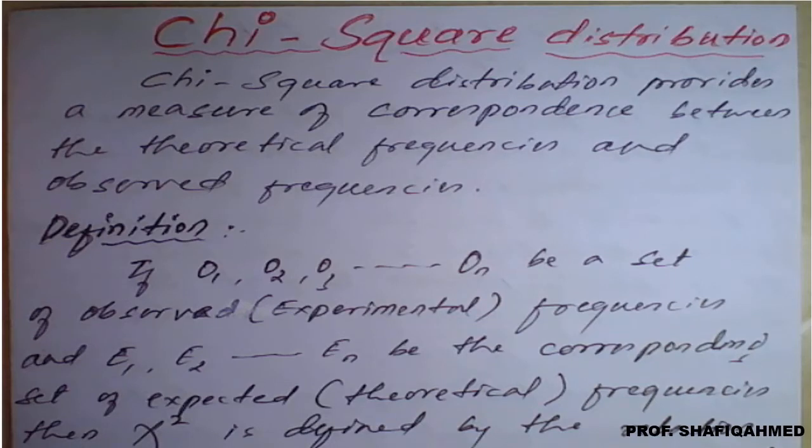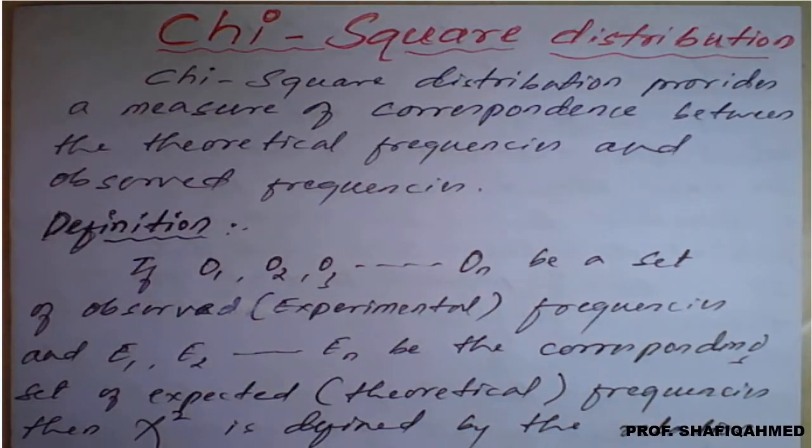In the previous class we have seen the student T distribution, and in that we have seen how to find the value of T by using a student T table or from the direct value given in the question itself, and how the given hypothesis is rejected or accepted. Now in today's class we'll see chi-square distribution.